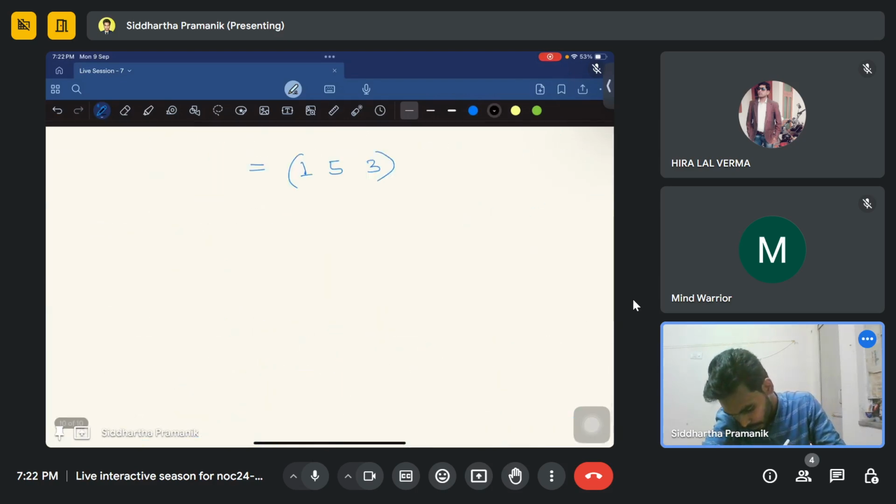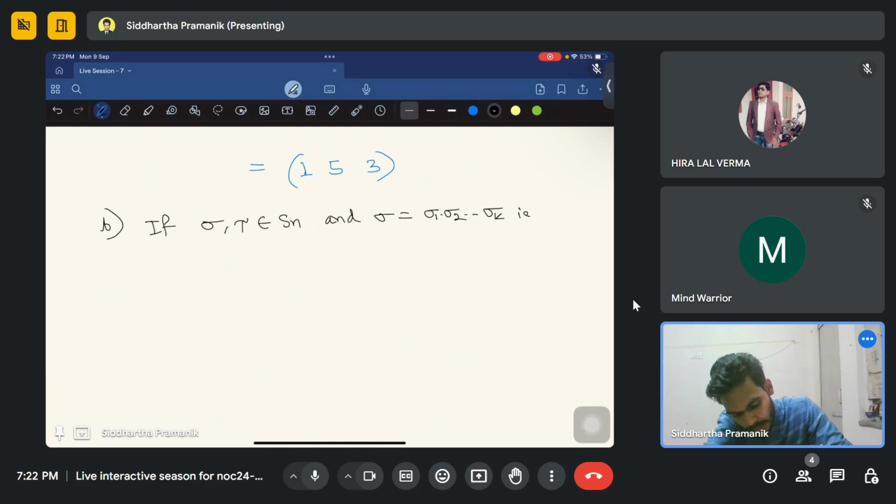So if sigma and tau belong to Sn, and sigma equals sigma 1 dot sigma 2 up to sigma k is the disjoint cycle form.